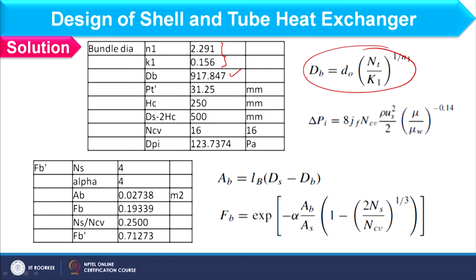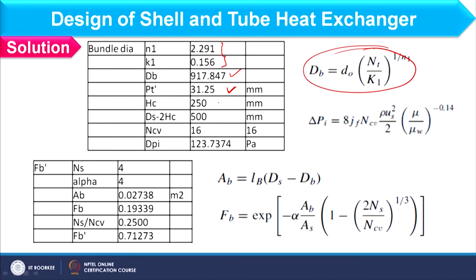Okay. So, there is nothing new, you have already used this expression many times before. PT dash you can also consider as equal to PT, because I am having a square pitch now.